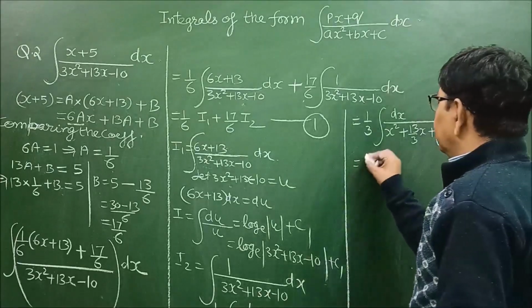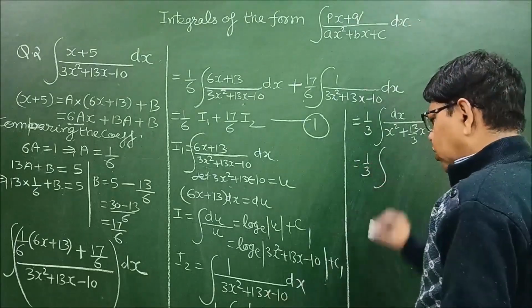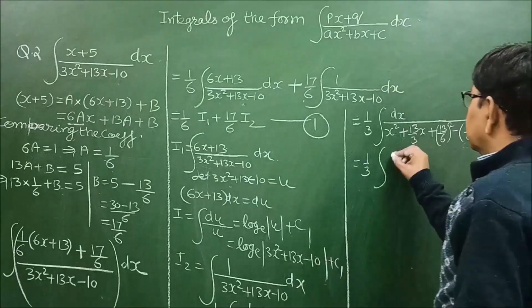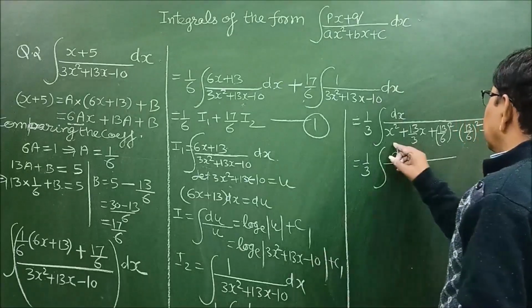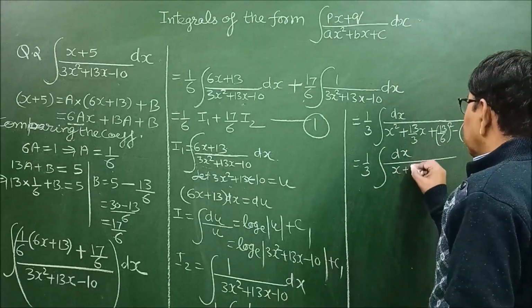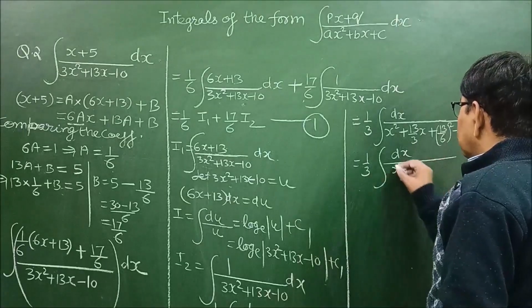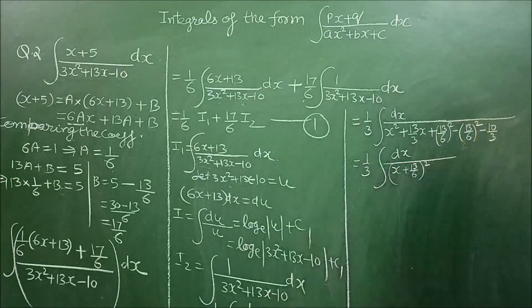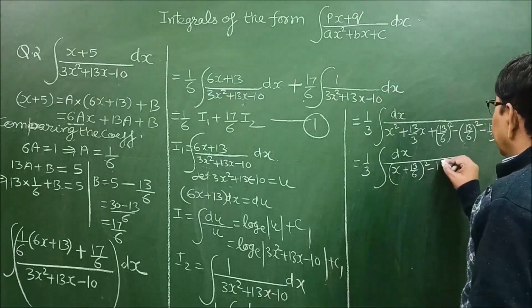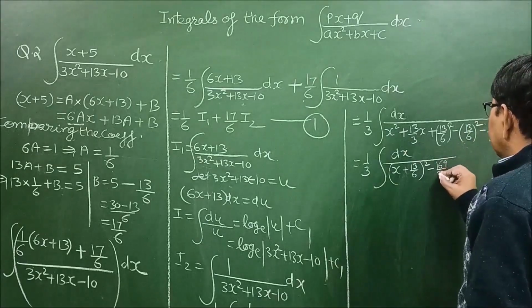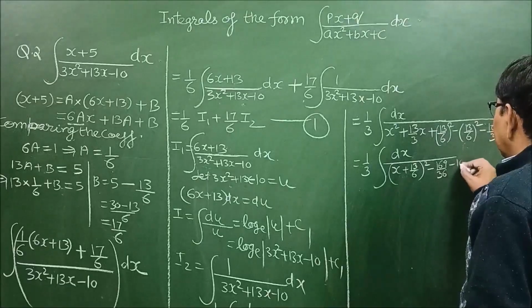So this is equal to 1/3 ∫ dx upon (x + 13/6)² − 169/36 − 10/3.